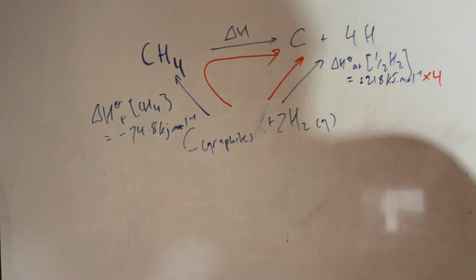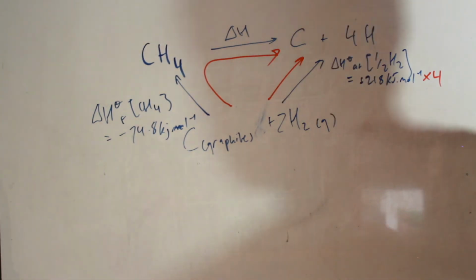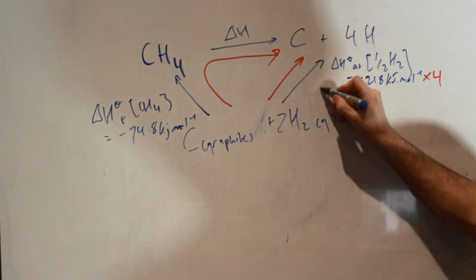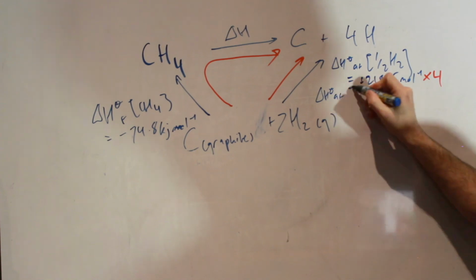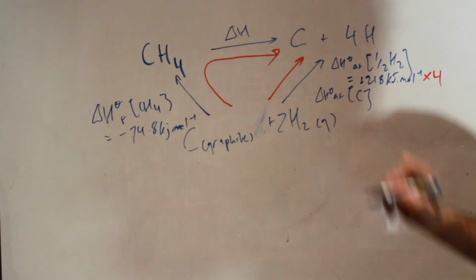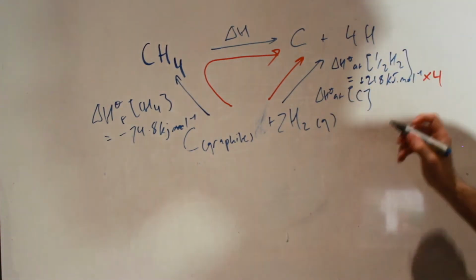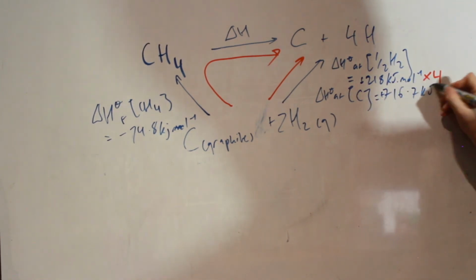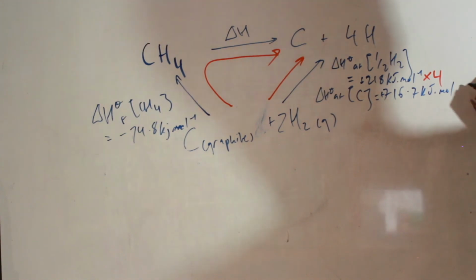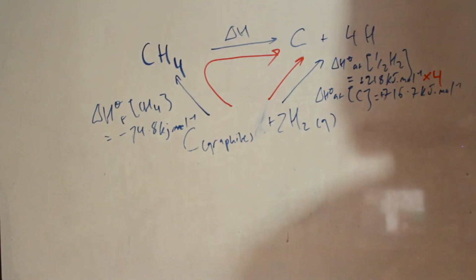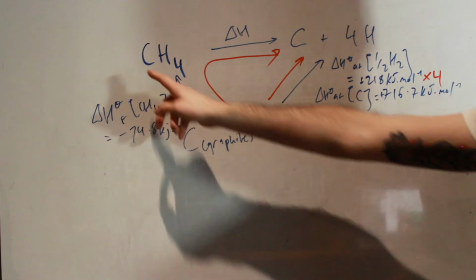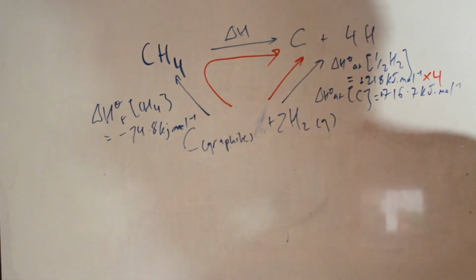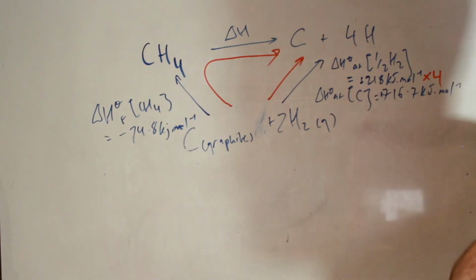And then we have the delta H of atomization for the graphite, which is the atomization for the carbon, which was a value of positive 716.7 kilojoules per mole. Lovely jubbly. What now? So we've got delta H1, delta H2, delta H of the reaction.